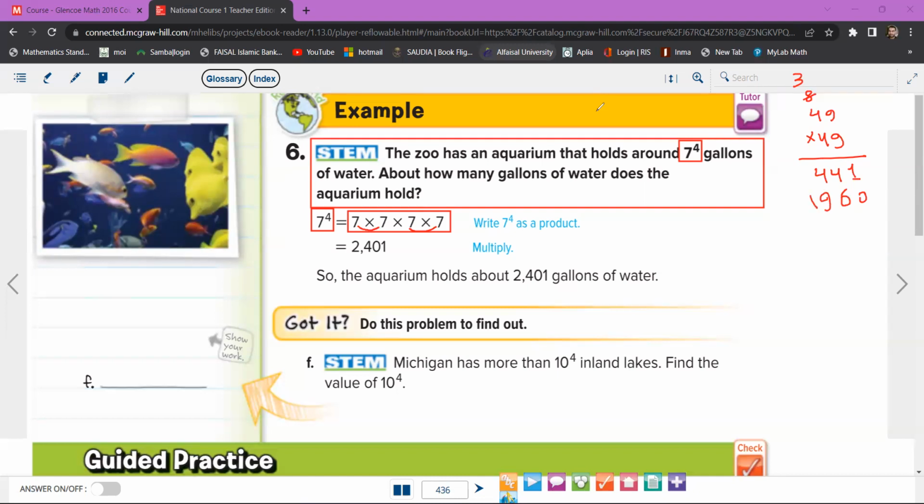Now we add. 1 plus 0 is 1. 4 plus 6, 10, 0 carry up 1. 1 plus 4, 5 plus 9, 14. Carry up the 1. 1 plus 1 is 2. So it's 2401. So the aquarium holds about 2401 gallons of water.